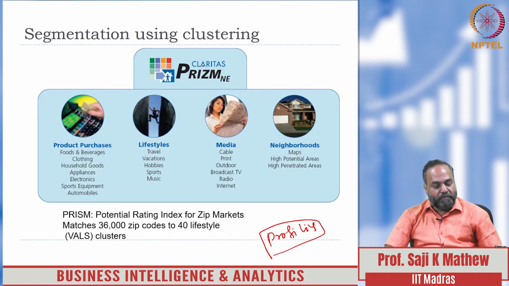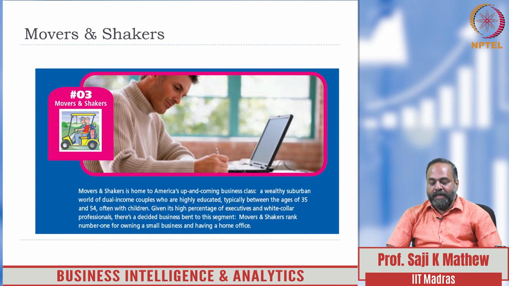This is an example where Claritas Prism, a professional agency which does segmentation in the United States and maybe other countries too, using zip codes and lifestyle attributes, forms geographical clusters. See how they do this job and how they sell their product. Their clustering product is sold as well profiled geographical clusters.